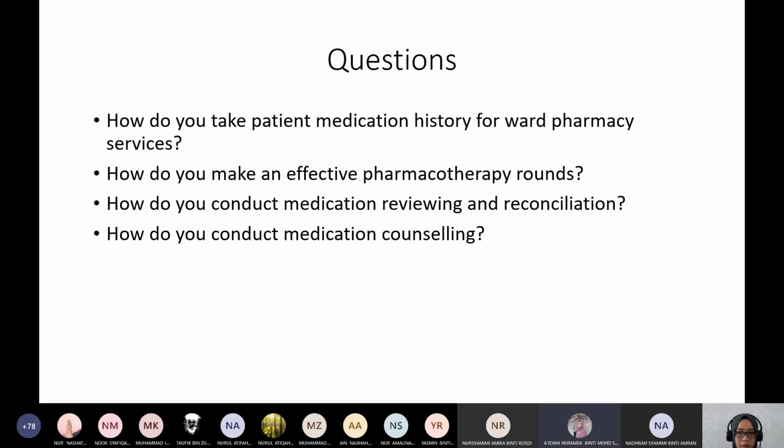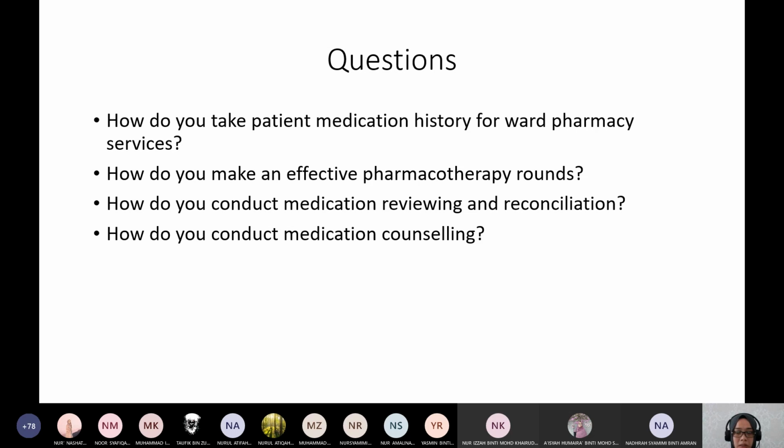Okay, what are the examples of drug-related problems? The side effects of the drug. Okay, if you administered one medication yesterday and then suddenly the patient developed side effects today, and if you don't go to the ward round, you don't know.